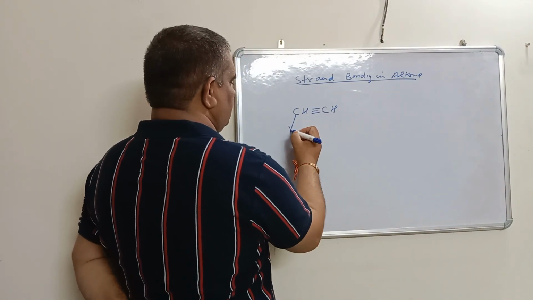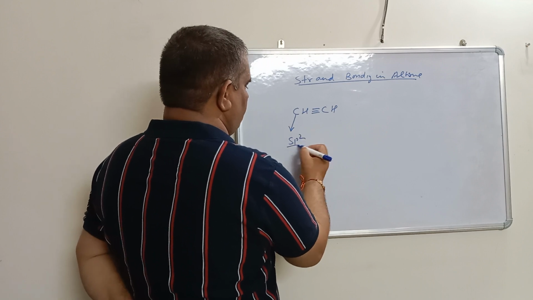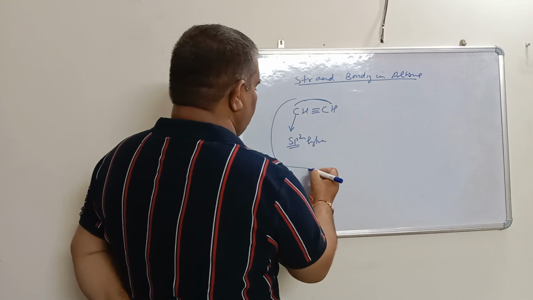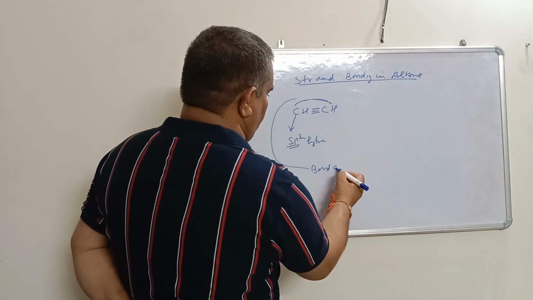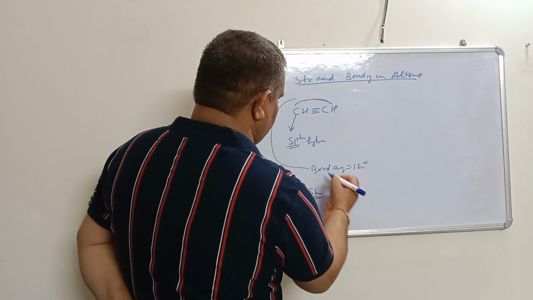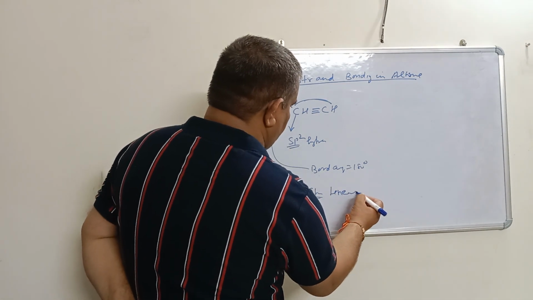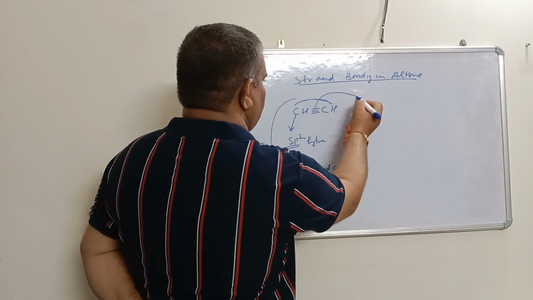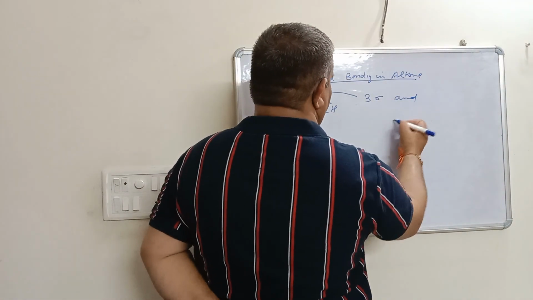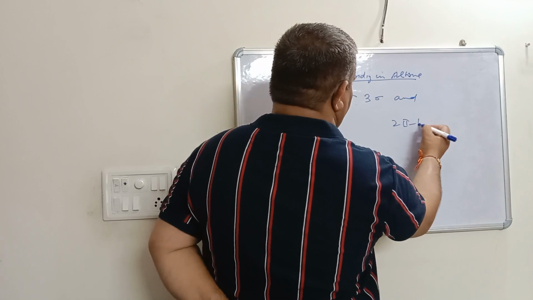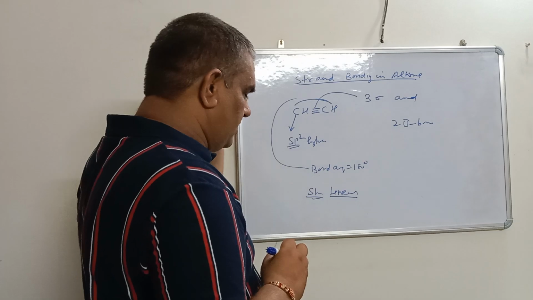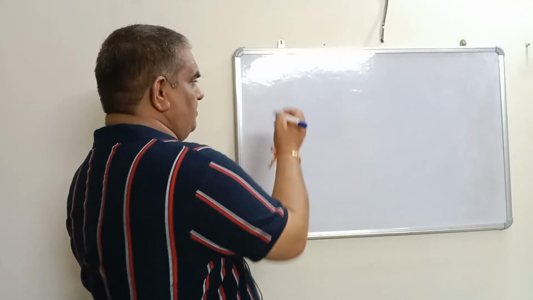This carbon is an sp hybridized carbon atom, and the bond angle is 180 degrees, and the structure is linear, and here there are 3 sigma bonds and 2 pi bonds, and the structure of ethyne is linear.